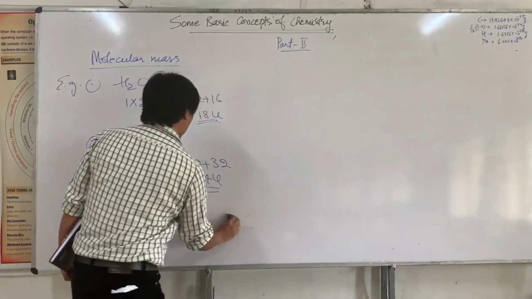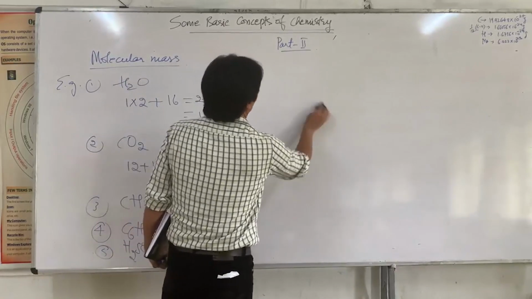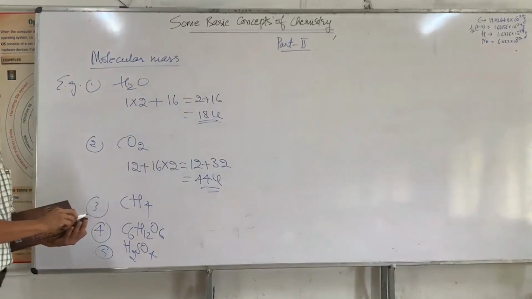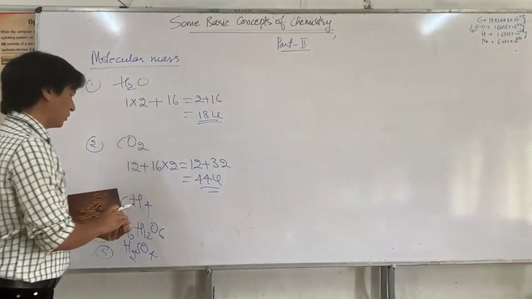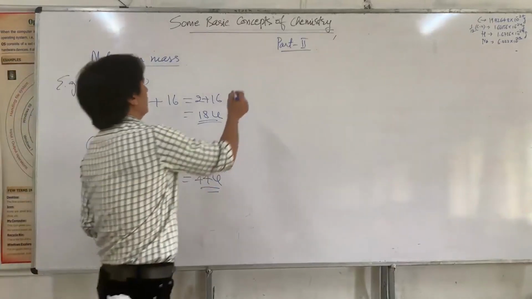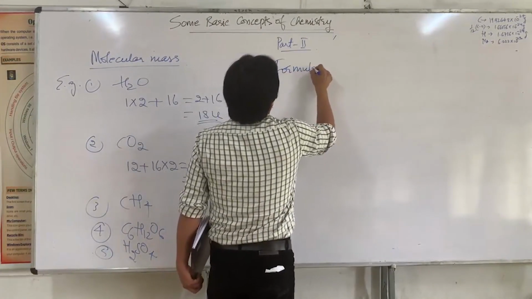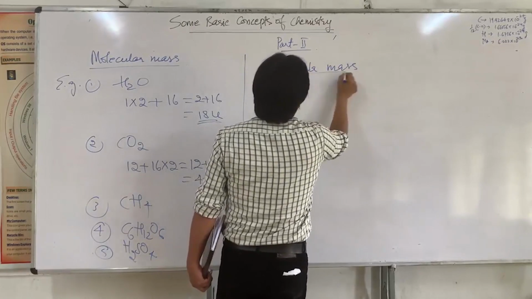They are always found in the combined state. Sodium chloride cannot exist discretely or independently, like in the case of covalent molecules. That is why it is called the formula mass.